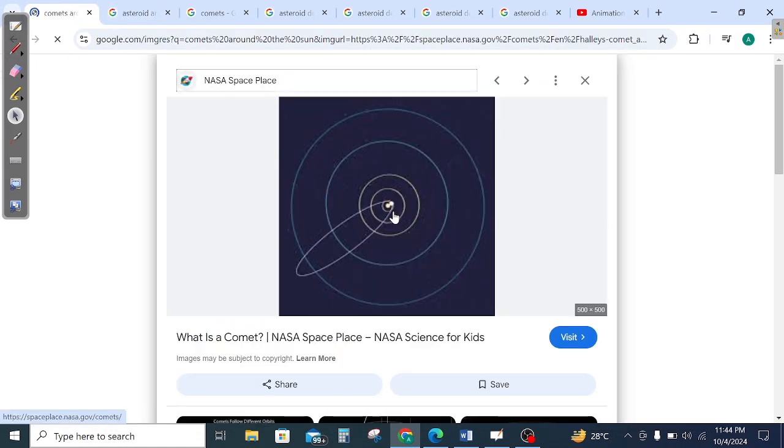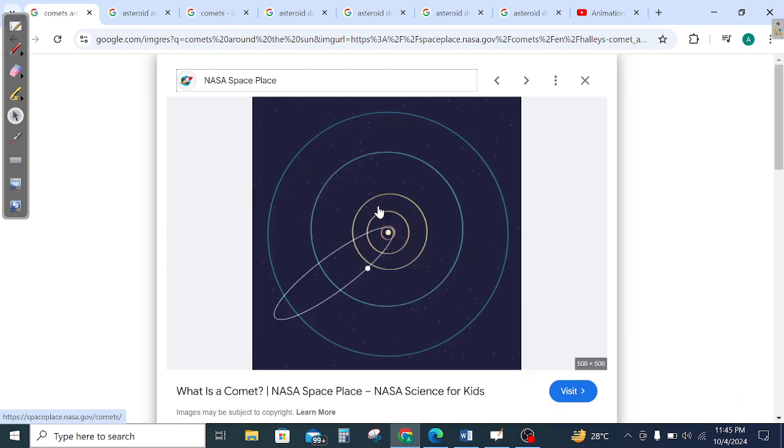Okay, you can see here, this is our sun, and these are the orbits of the planets. The orbits of the asteroids and comets are just like that. The plane of that orbit is totally different as compared to the orbits of the planets. Is it clear now? And this is the movement I have shown you.